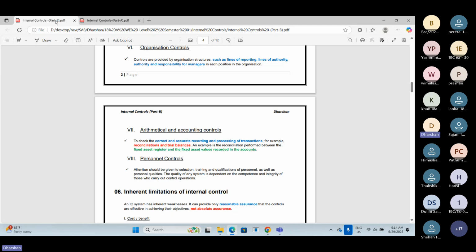And the last one, personal controls. What is meant by personal controls? If the company provides training to their employees, through that training the company can enhance their quality and skills. What's the purpose of giving training to employees? Employees should get more skills and talent in their relevant area. So training is also an internal control.